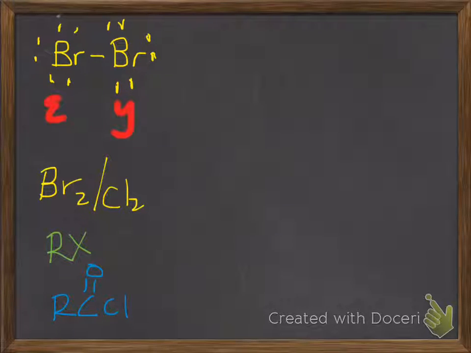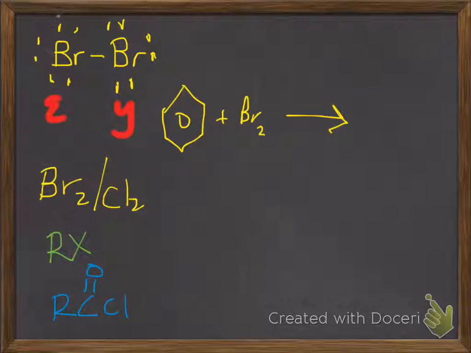Now, the important thing here is the reaction conditions. When you normally do it with other alkenes or alkanes, remember we added in heat and light because it's a free radical reaction. But if you're doing this with bromine or chlorine with a benzene ring, you have to have a special type of catalyst.